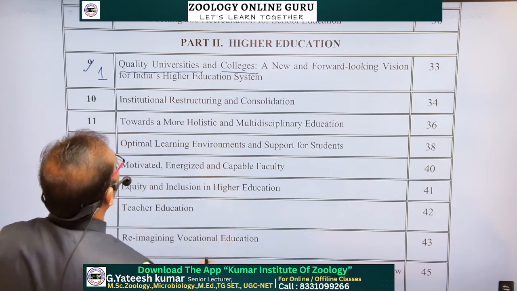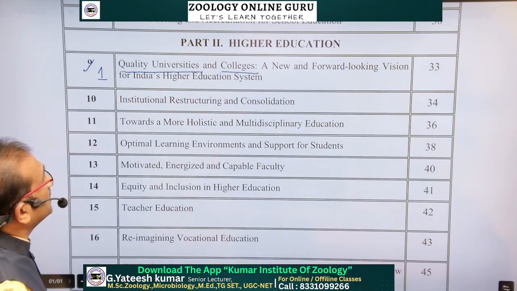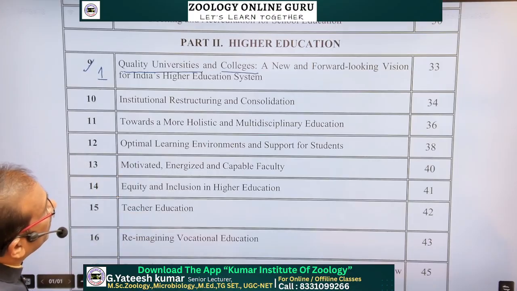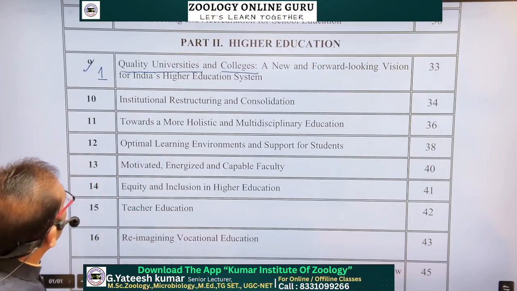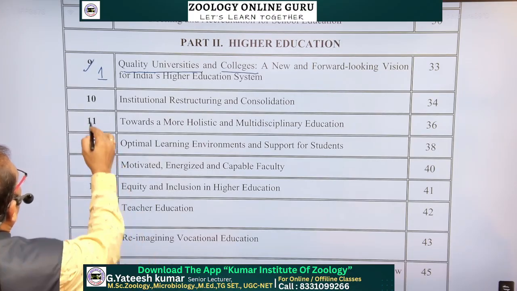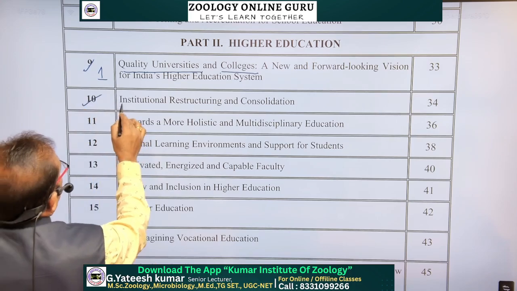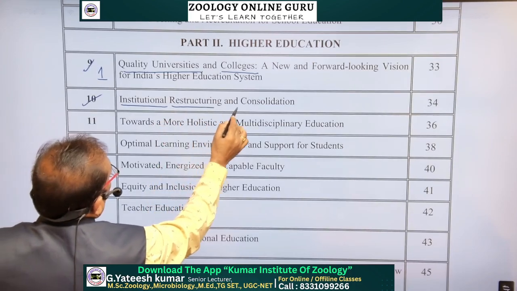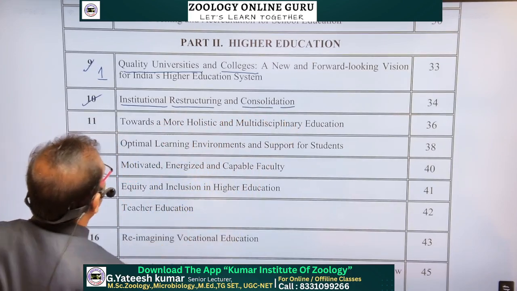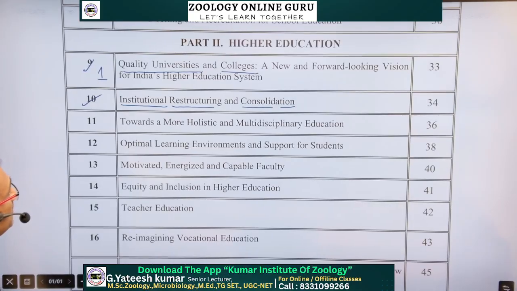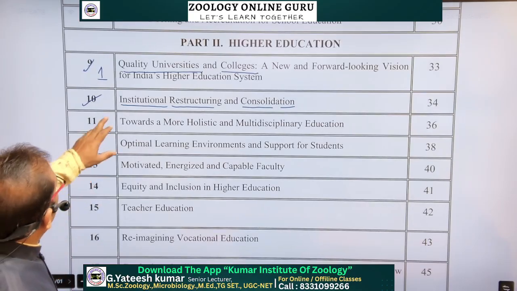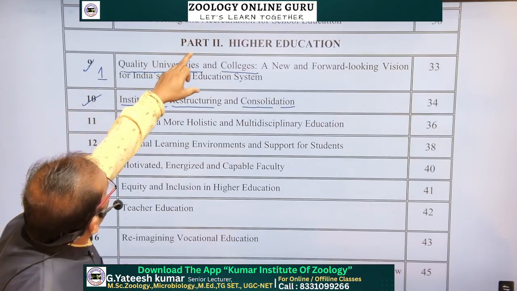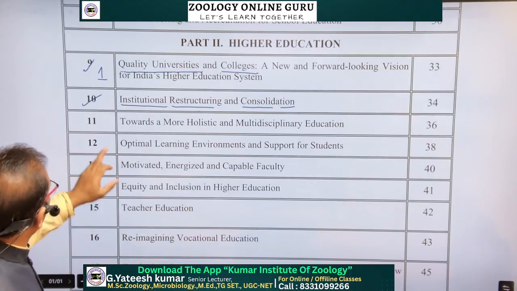So increasing the quality in the universities and also colleges, a new and forward-looking vision for India's higher education system. The 10th one, chapter 10, institutional restructuring and consolidation. Institutional restructuring and consolidation is present in chapter 10 of part 2, higher education.